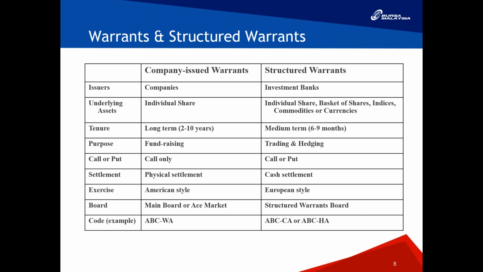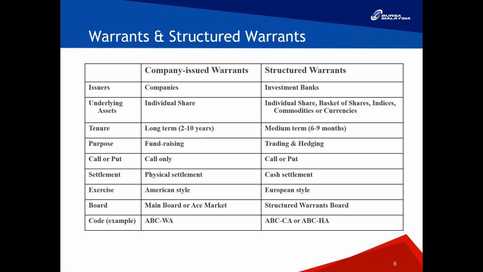Now, let's look at the differences between these 2 broad categories of warrants. Now, we have here the company issue warrants, and then here would be the structure warrants. Company issue warrants are issued by the companies, and the underlying assets will obviously be the share of the company, and the tenure or maturity period is long-term.